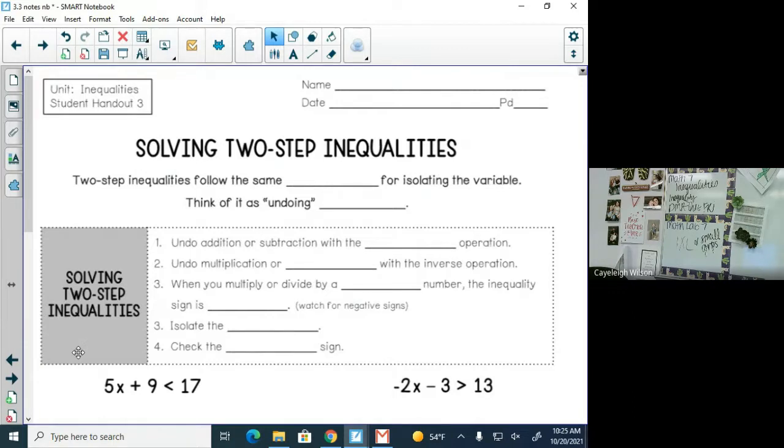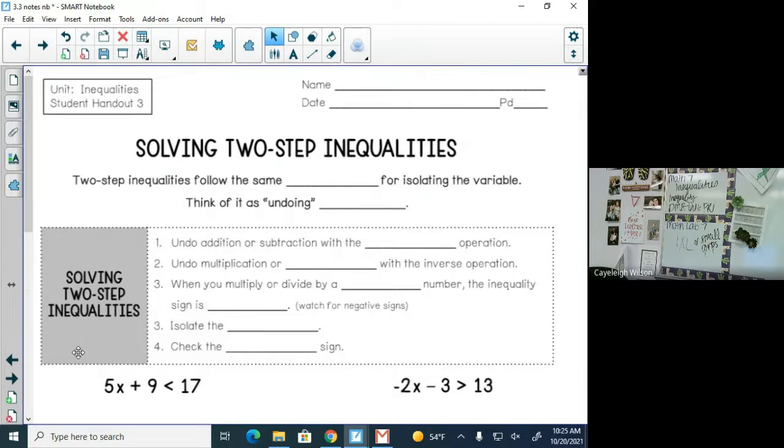Two steps are just like 2-step equations. I undo the addition and subtraction, then I undo the multiplication and division. The only difference between solving inequalities and equations is if I multiply or divide by what? A negative, the sign flips.